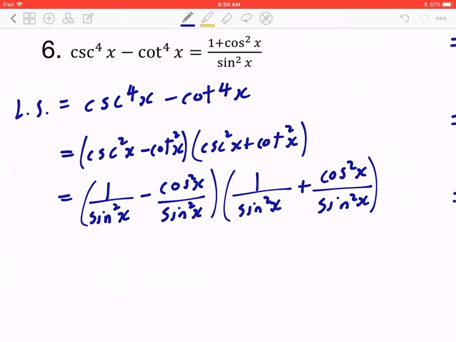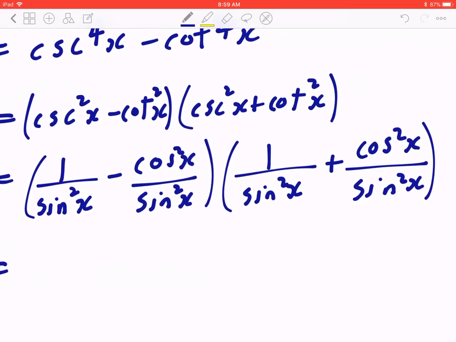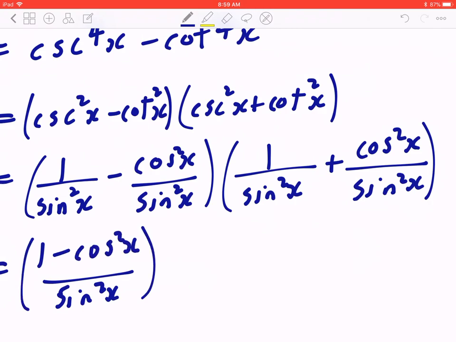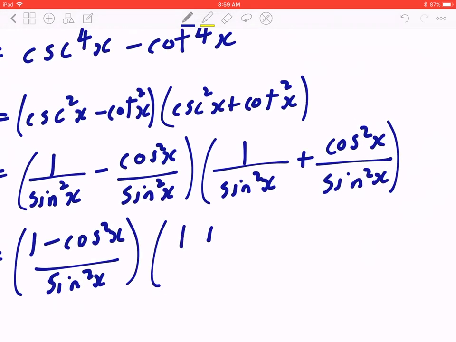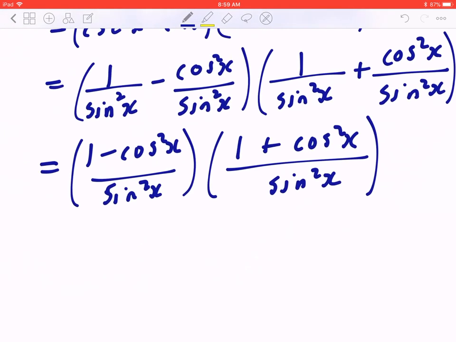Now, combine them as one fraction. In the first case, the bottom is going to be sine squared x. If you look at the top, that's 1 minus cosine squared x. And in a moment, you will see how that's exactly 1. In the second part, that's 1 plus cosine squared x divided by sine squared x, just like that.